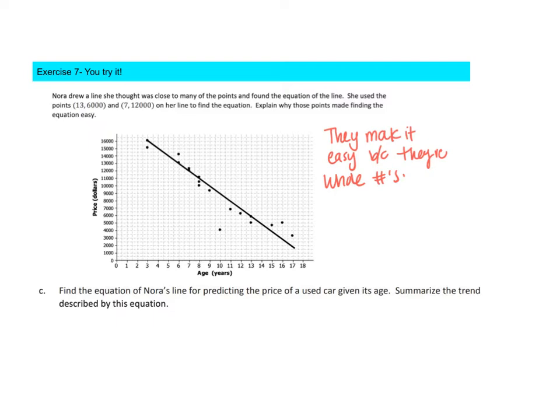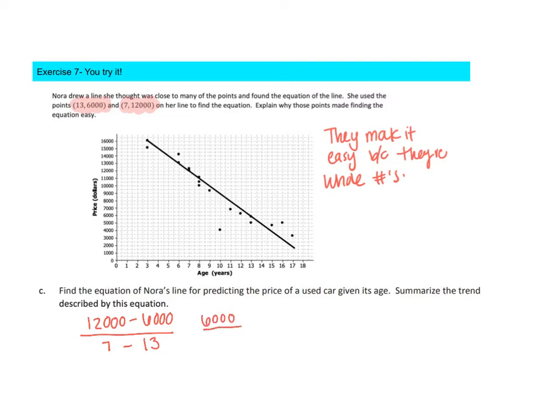C says find the equation of Nora's line for predicting the price of a used car given its age. So they already gave us the 2 points we can use to find our m value, and then we just need to find our b value. So remember, m is y2, so our y2 here is 12,000 minus y1, 6,000, over x2, 7, minus x1, 13. 12,000 minus 6,000 is 6,000.